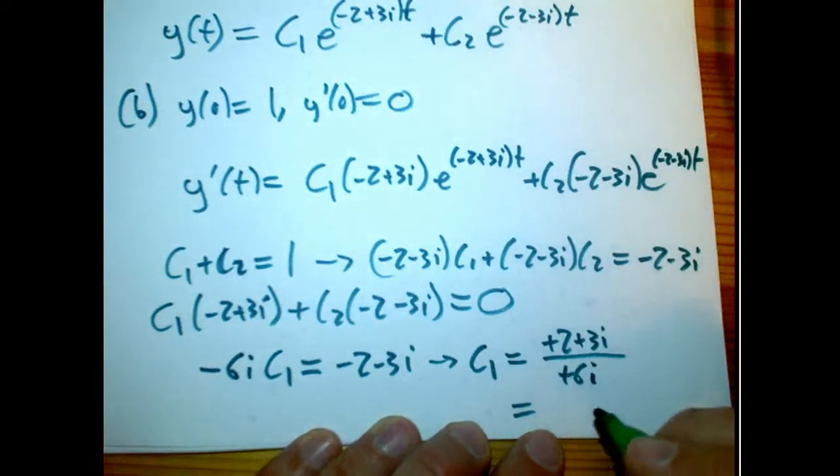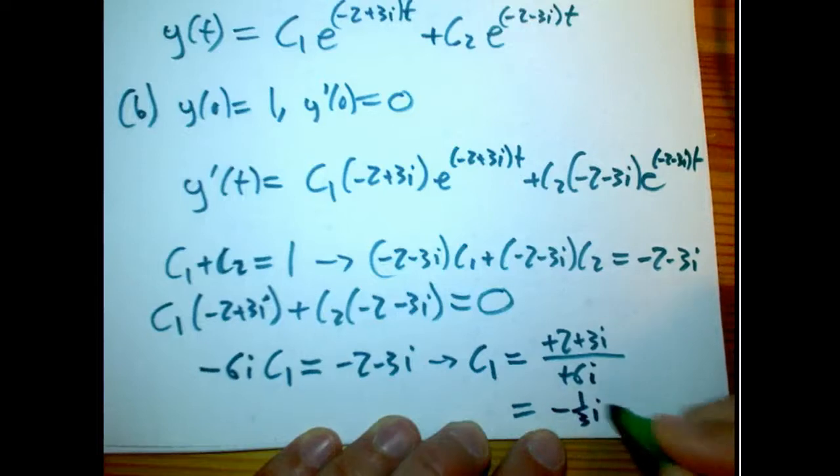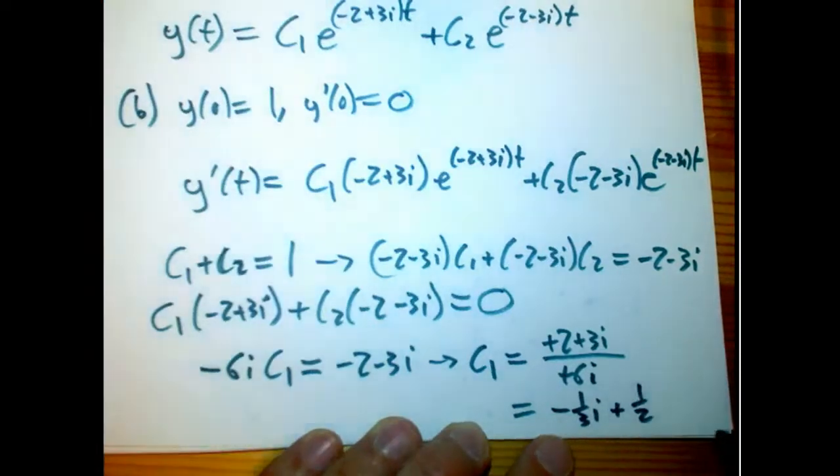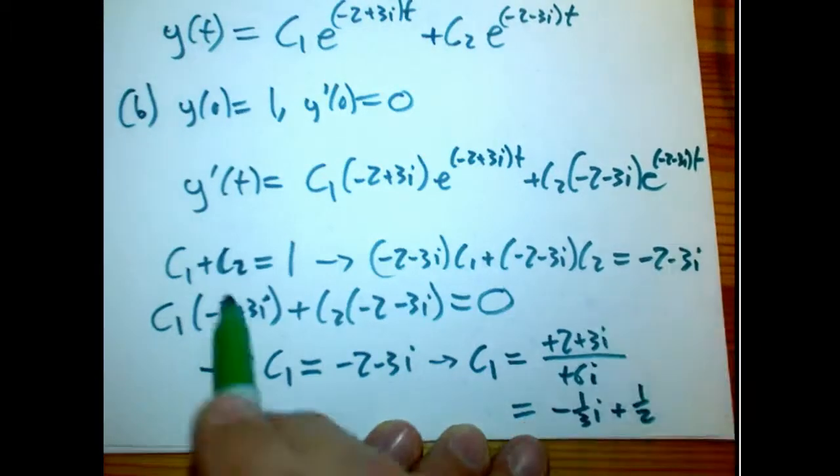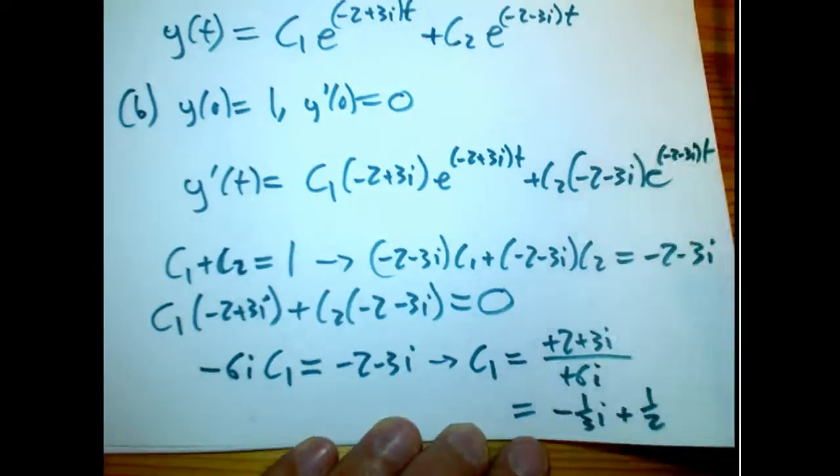And so we get 1/2 minus 1/3 i. Okay, so there's the C1. And then C2 is just 1 minus that. And we're going to discover something interesting. You might want to stop and guess, or if you've ever done this before, you might remember what's special about the relationship of C1 and C2.